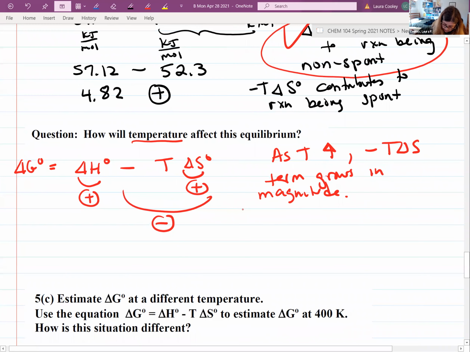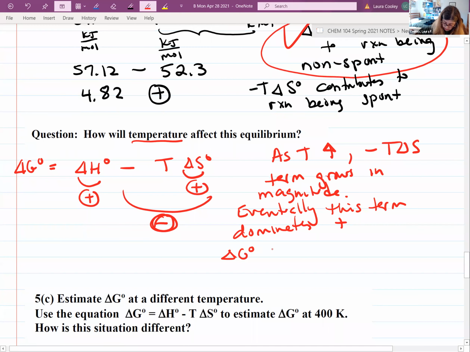Eventually this term dominates, and delta G0 becomes negative, and the reaction becomes spontaneous.